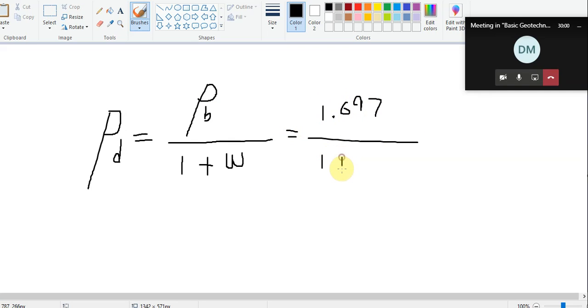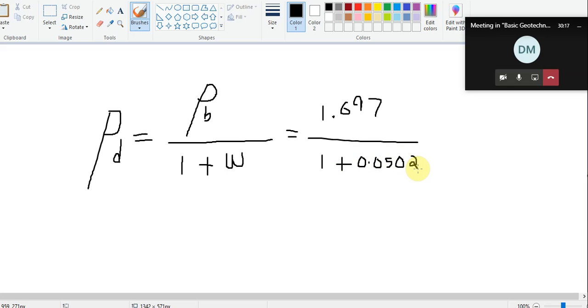Water content is 5.02%. I have to write it in terms of decimal, that is 0.0502. So what is the dry density?